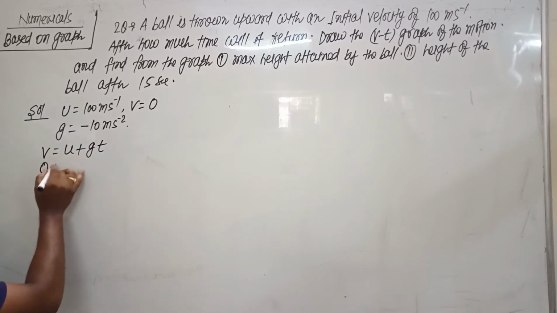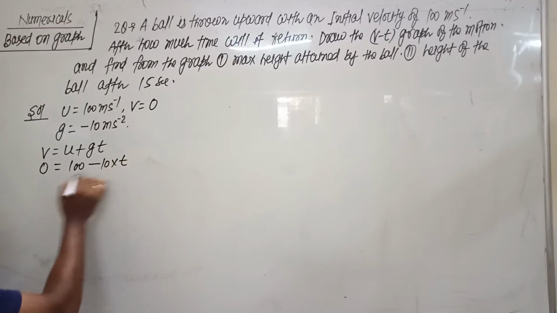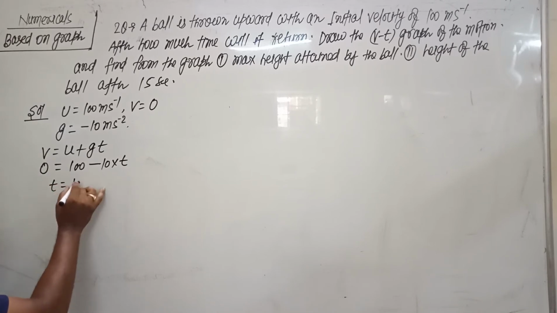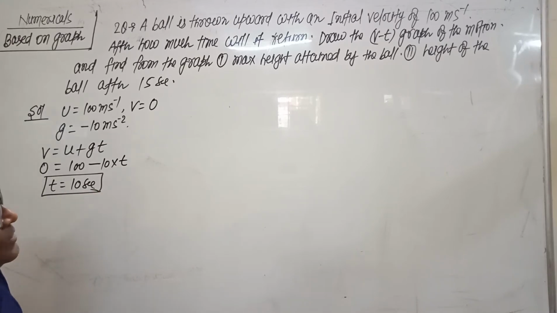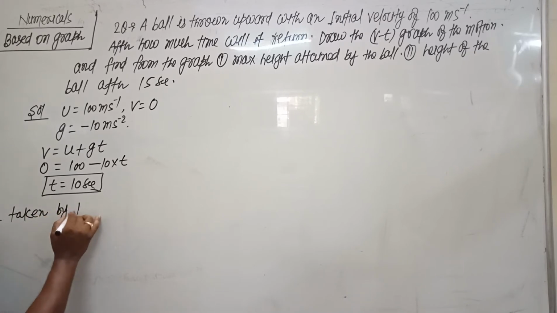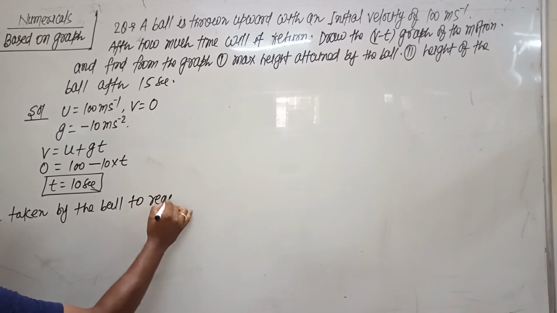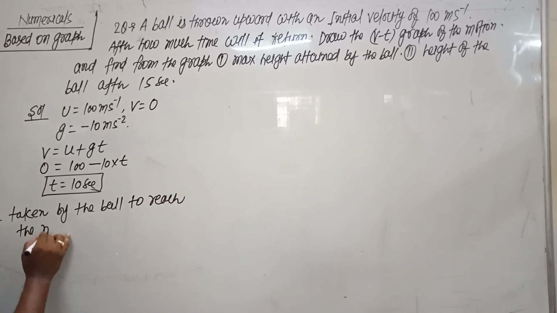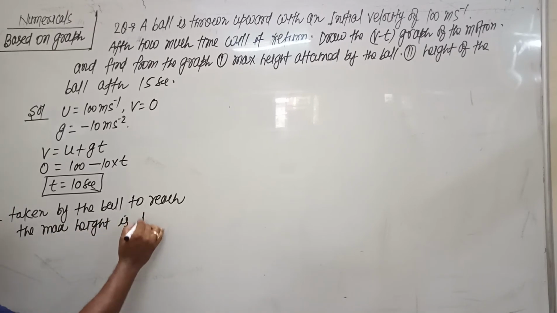So 0 equals 100 minus 10 into t, and t equals 10 seconds. So the time taken by the ball to reach the maximum height is 10 seconds.